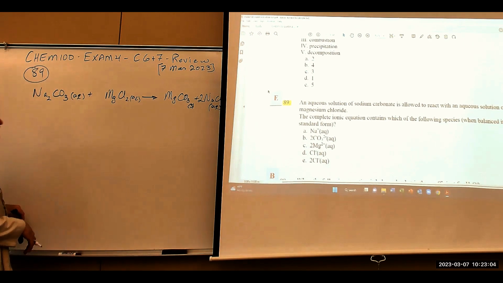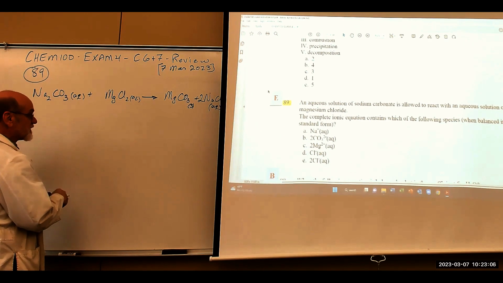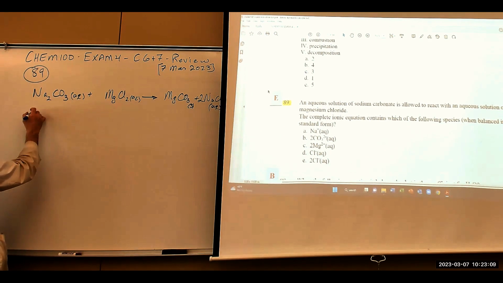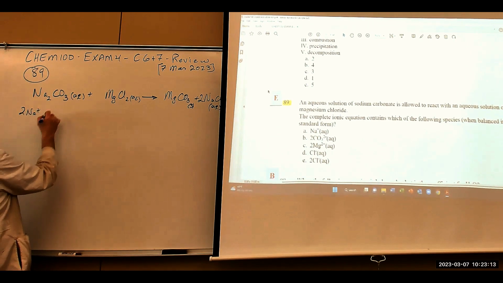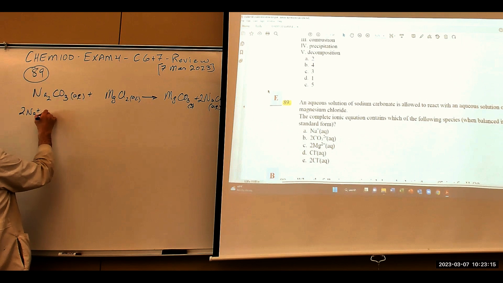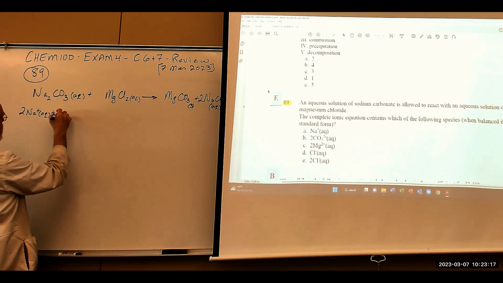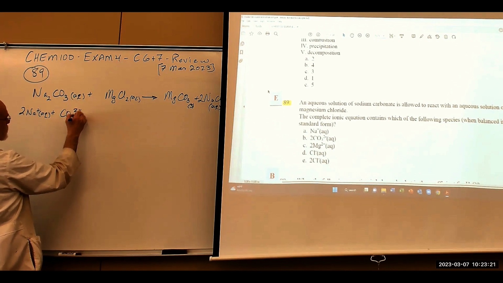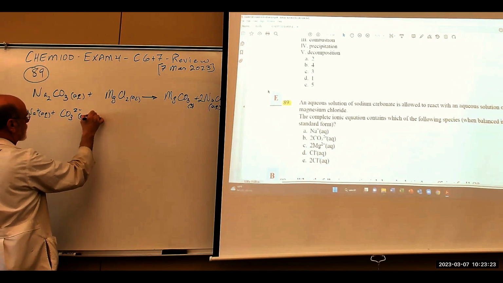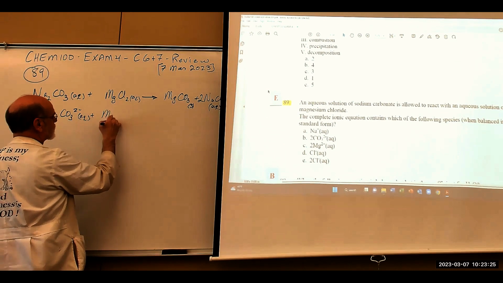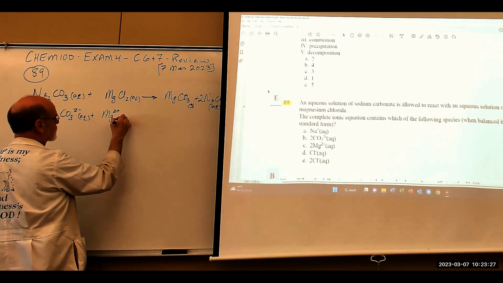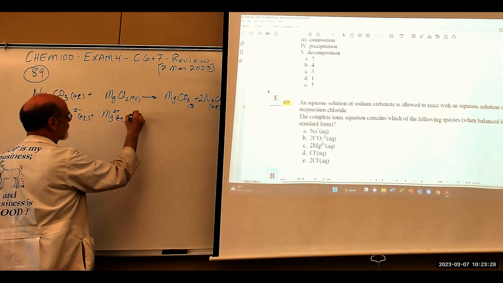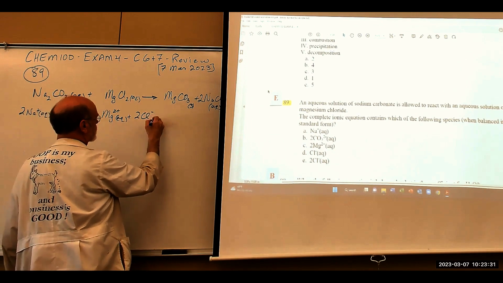So how do we write the complete ionic equation? That's the next step. Well, we got 2 sodiums, and that's aqueous solution, and we have 1 carbonate in aqueous solution. We have 1 magnesium in aqueous solution, and we have 2 chlorides in aqueous solution.